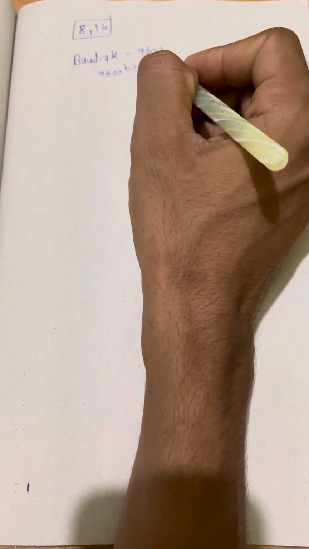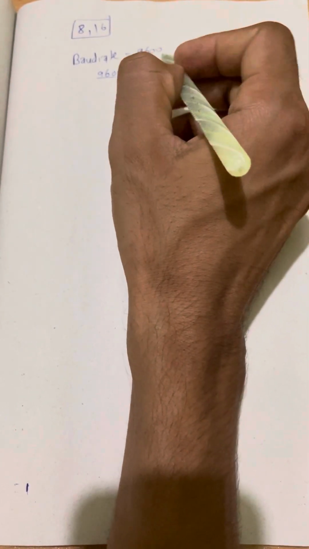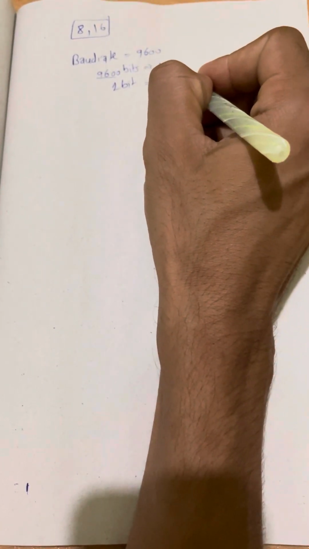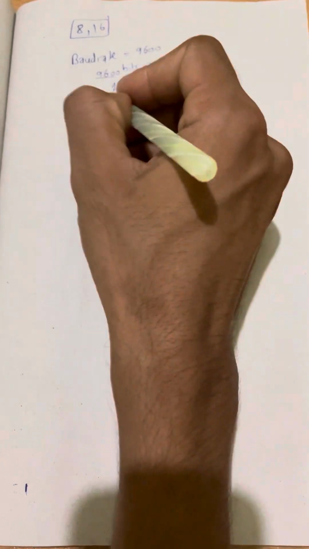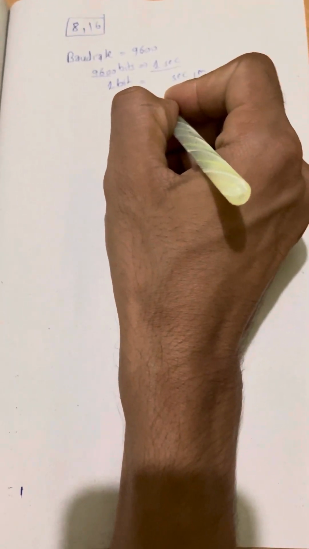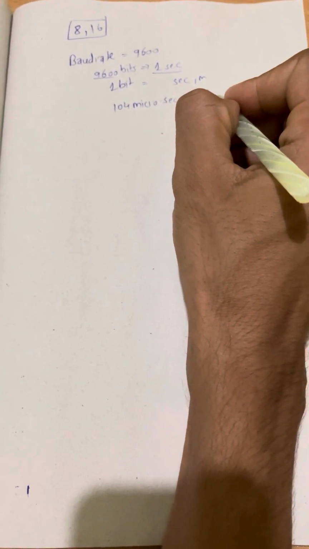This is the meaning of our baud rate. So 9600 bits are going in 1 second. So one bit will take how many seconds, or we can say microseconds, that we have to find. If we calculate, then approximately 104 microseconds it will take for 1 bit to go.